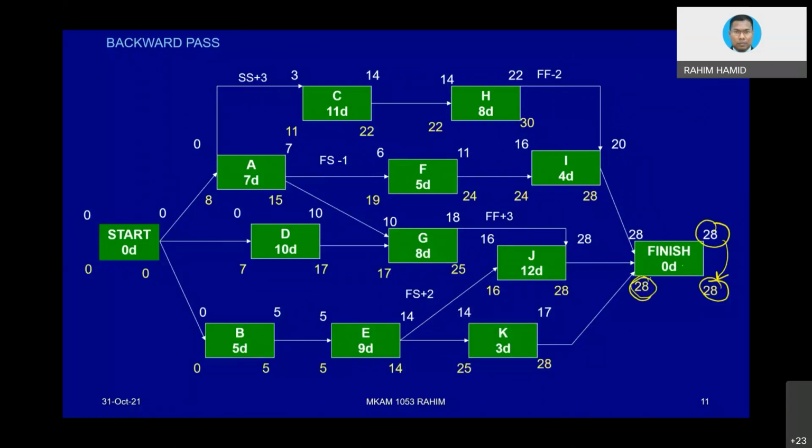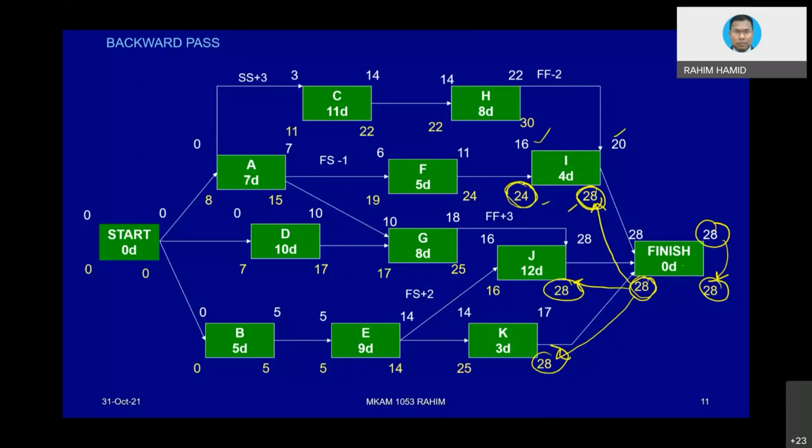And then 28 will be going back according to the line into here, and one more thing is into here, as a starting point before we deduct everything inside the box. Let's say for I, how do we get this value? Well, you deduct the duration: 28 minus 4 equivalent to 24. Now you already have the complete early start, early finish, late start, late finish for each activity.